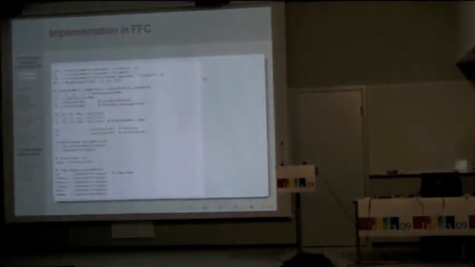This is the complete model, how it looks like in the UFL file. We have the definition of the finite elements.